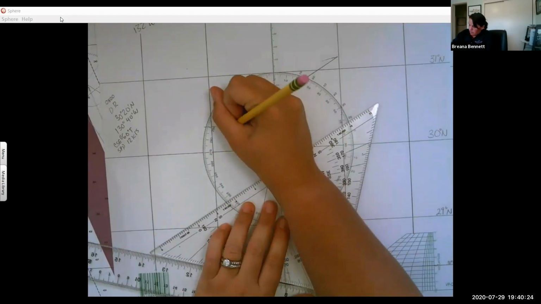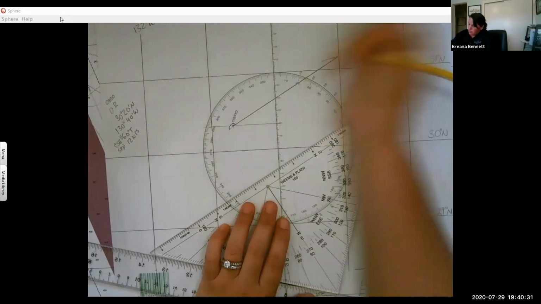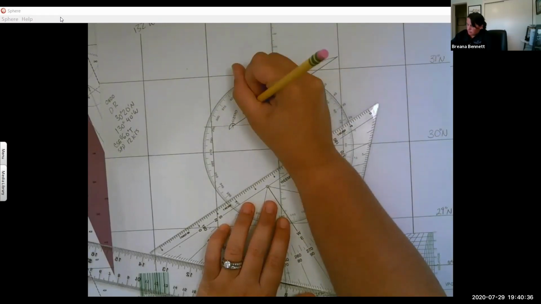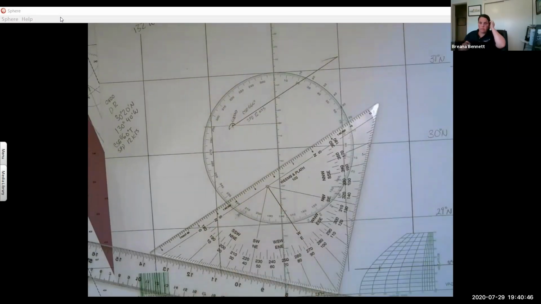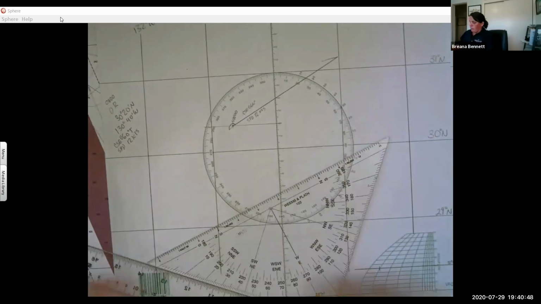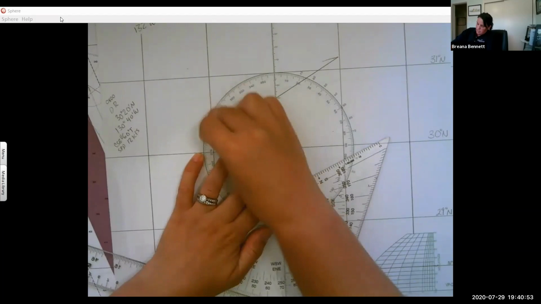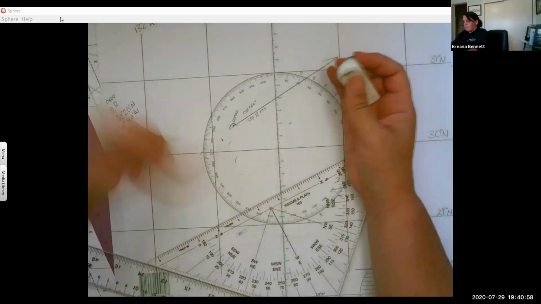And I have a DR of 0800. I have a course of 060 and a speed of 12 knots. And then I can erase the extra line just to clean it up a little bit.